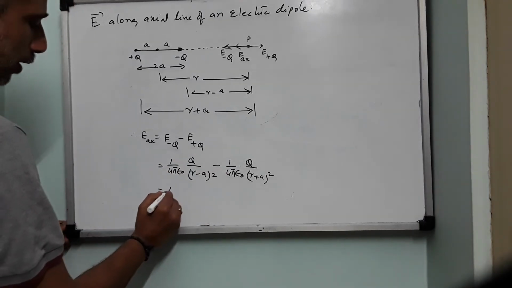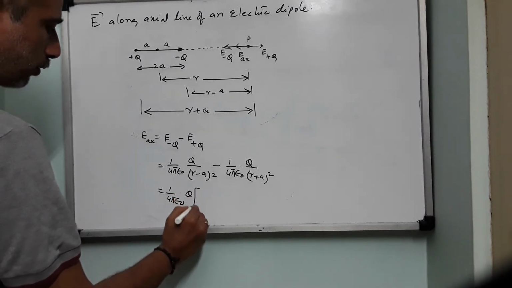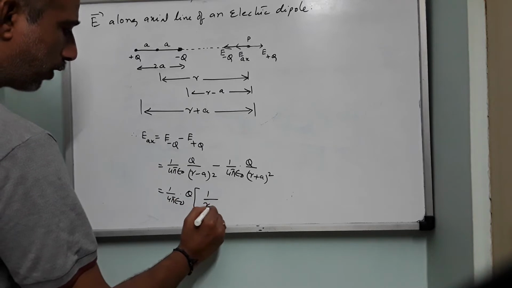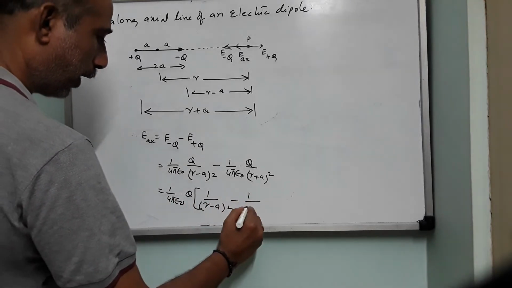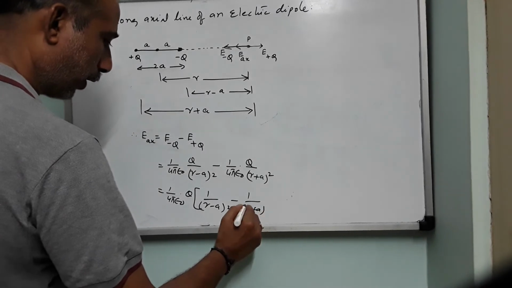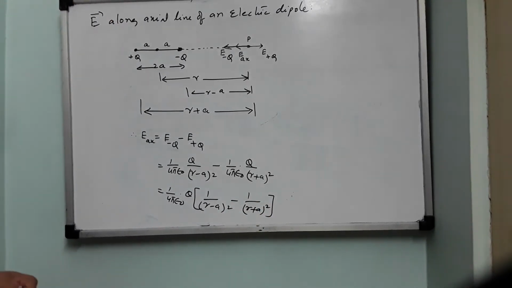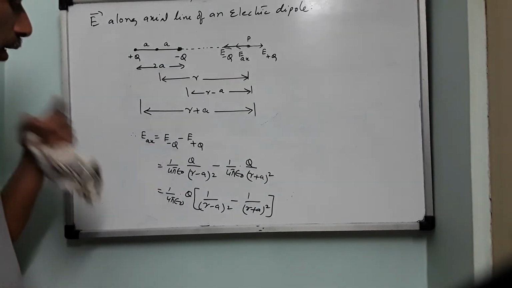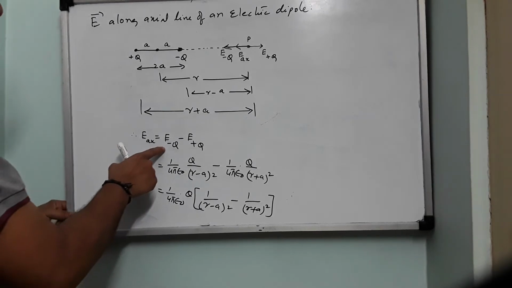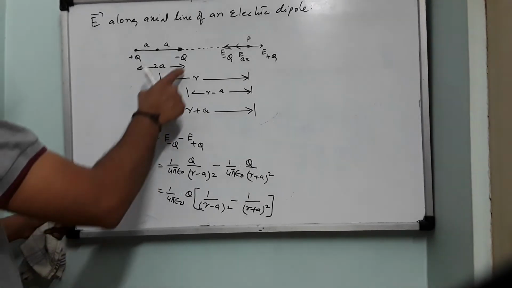So this is 1 by 4 pi epsilon 0 into q, which is common. Therefore, I will write 1 by (r minus a) whole square minus 1 by (r plus a) whole square. Right. Now, children sometimes get a doubt: here is E due to minus q, that is the electric field due to minus q, and this charge is minus q.